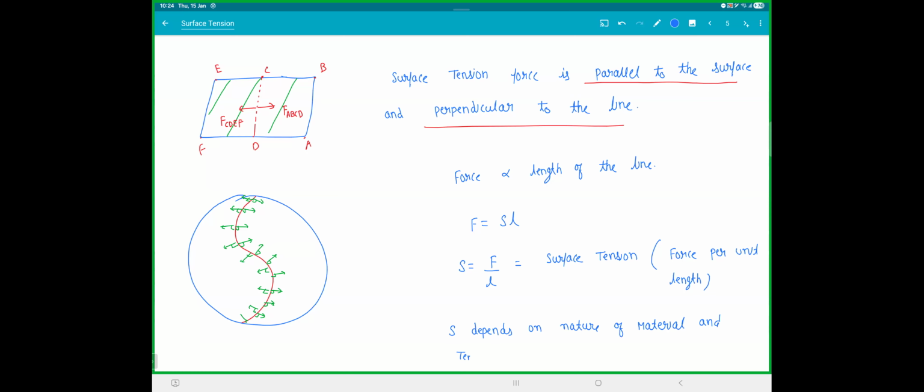If you increase the temperature, the molecules on the surface will start becoming more random, so they will not fight back properly. The surface tension drops. We will talk about that also. Clear with this?